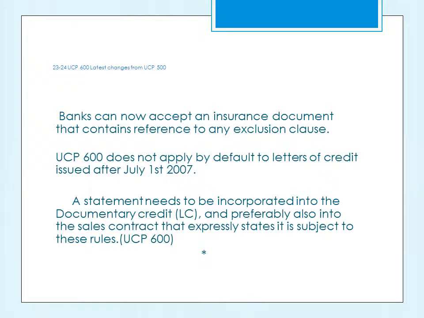UCP 600 does not apply by default to letters of credit issued after July 2007. A statement needs to be incorporated into the documentary credit (LC) and preferably also into the sales contract that expressly states it is subject to these rules, UCP 600.